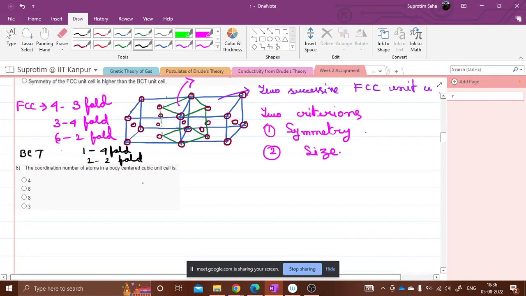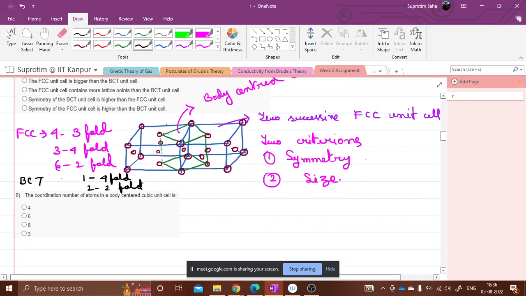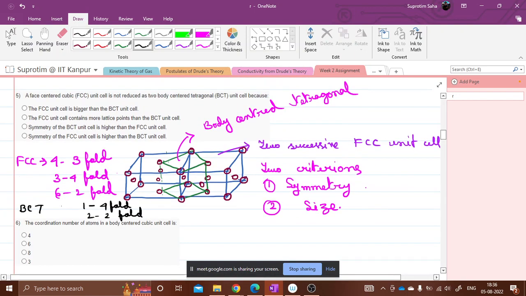So the first criterion you have to take into consideration is that although the FCC unit cell is larger in size than the body-centered tetragonal, which you can construct out of two successive FCC unit cells, despite that the FCC has more symmetry than the BCT.